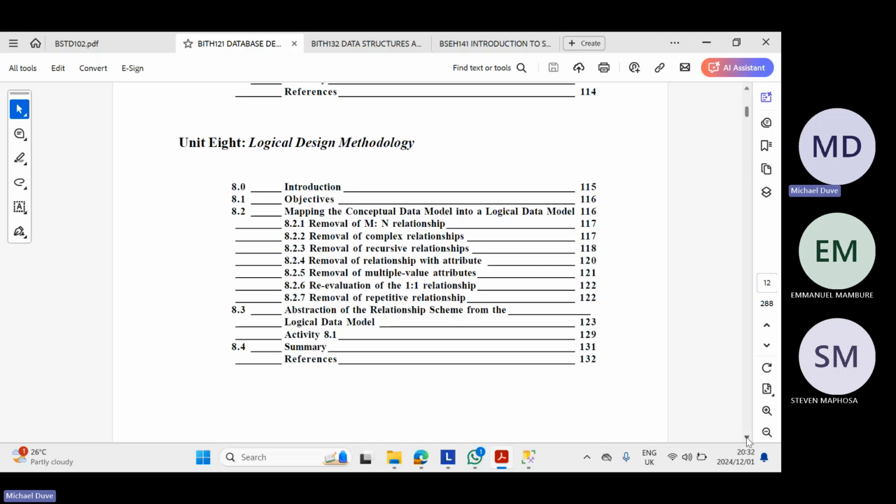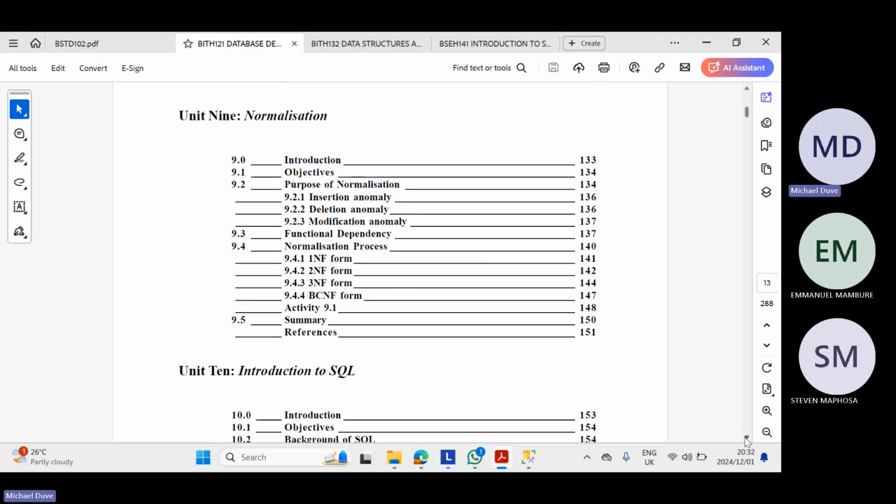When you talk of abstraction, it is hiding implementation details from the user. Then we go into normalization. So normalization is grouping related entities together, right? We have reasons why we need to normalize our data. We want to remove insertion anomaly. Let's say you go where you collect your IDs, the Ministry of Home Affairs.